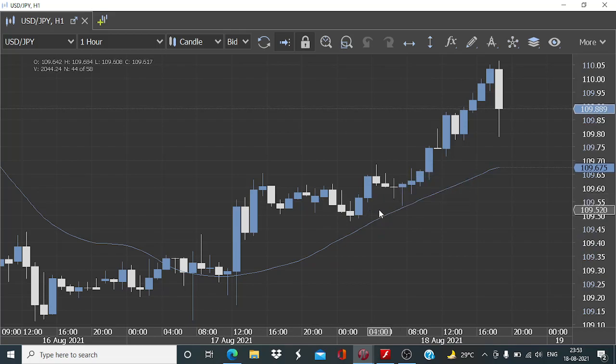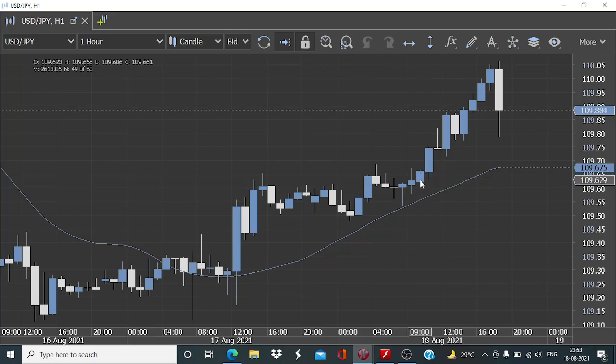For buy, the trade should happen only within the 10 pips above the HT trend line. So whatever is the current hour's HT trend line, the trade will be initiated in between these 10 pips price band. Suppose, for example, here the HT trend line output is at 109.55. So the price band will be 109.65 on the upper side and 109.55 on the lower side.